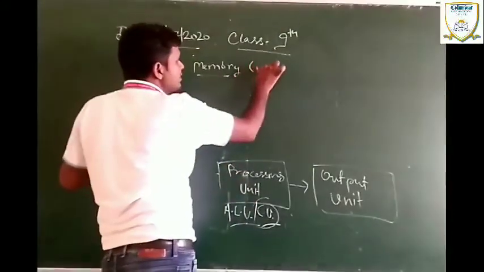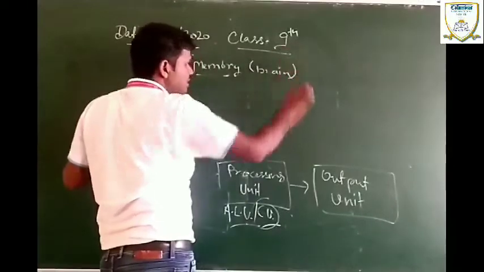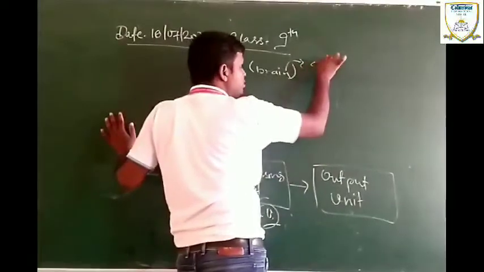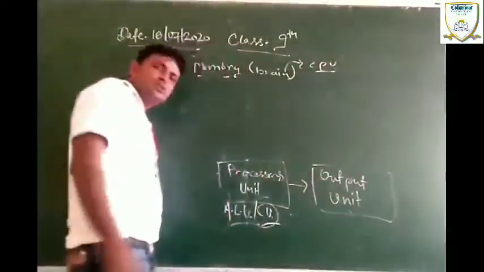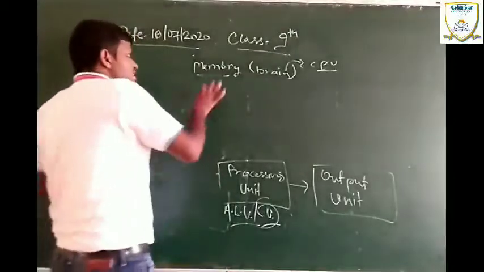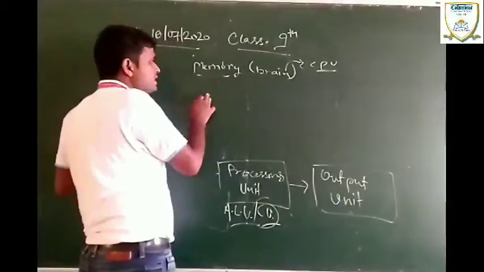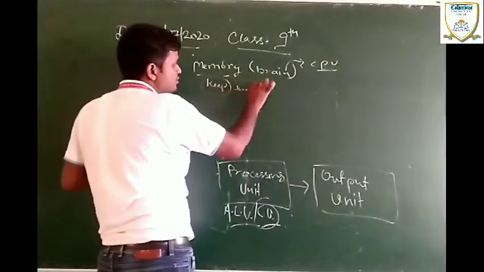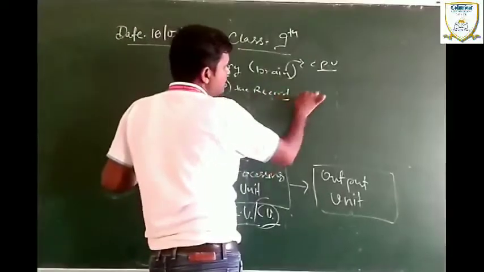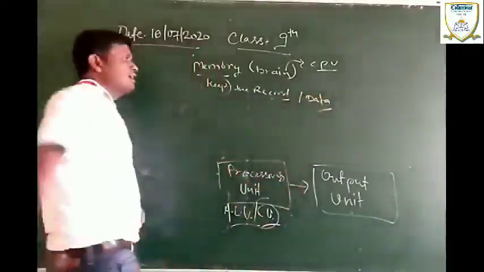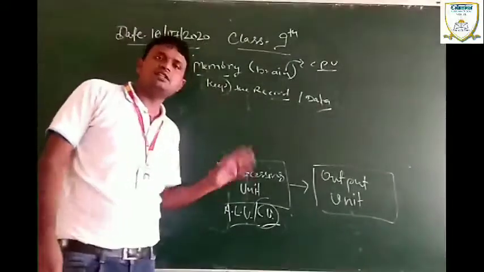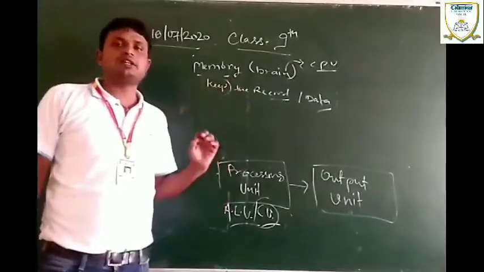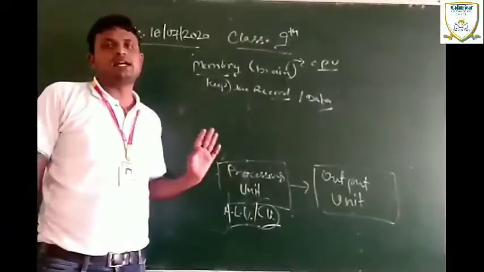Memory means the brain of the computer, and the brain of the computer is also known as the CPU. Memory is a place in the computer where you keep the records. Record means data. Memory is a place in the computer system where you keep the data.